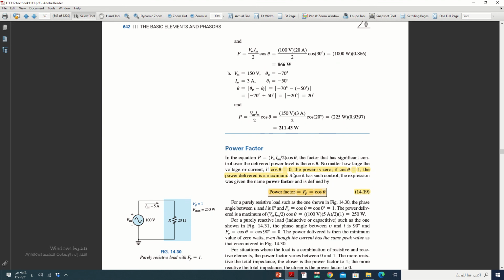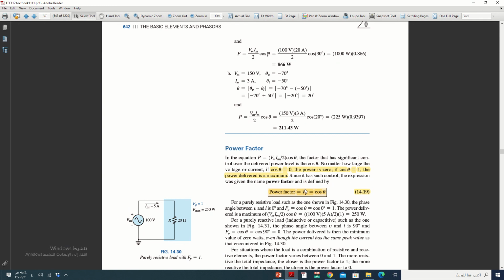What about if the cosine is between 0 and 1? This means our circuit is a combination of resistor and inductor, or resistor and capacitor, or resistor, inductor and capacitor. You will find the power factor between 0 and 1.